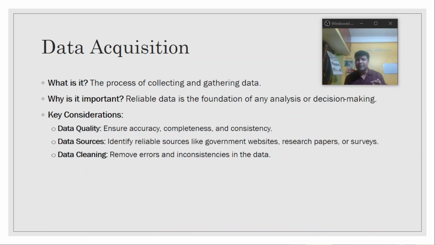There are some key considerations within the concept of data acquisition. These are data quality, where data redundancy will be overcome. So data quality, data sources and data cleaning must be better.